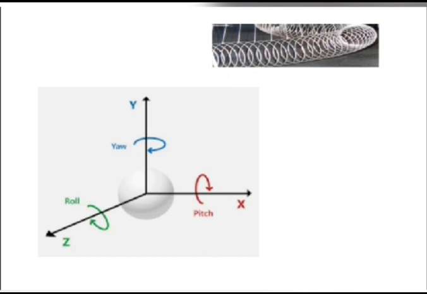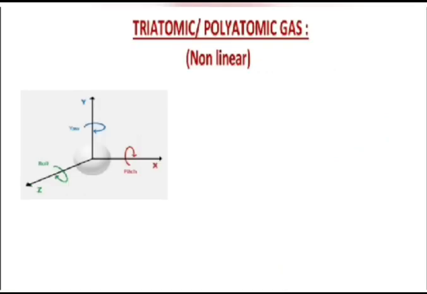After that, let us try to find out the case for triatomic or polyatomic systems. If we place a polyatomic system like methane, right, having a tetrahedral arrangement across this 3 Cartesian coordinate system, then we can observe that the moment of inertia associated with it across all the 3 perpendicular axes is not equal to 0.